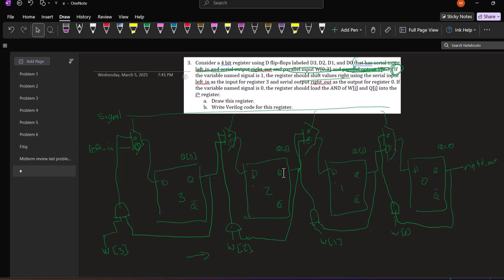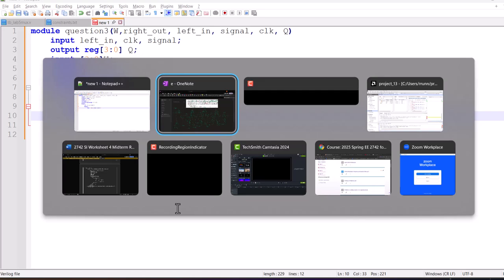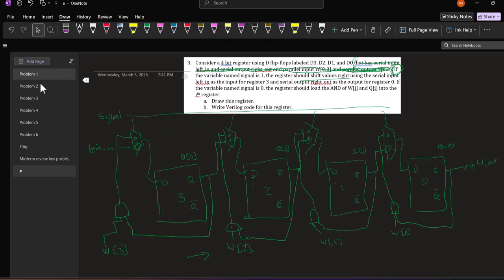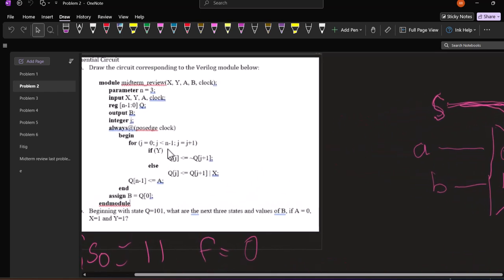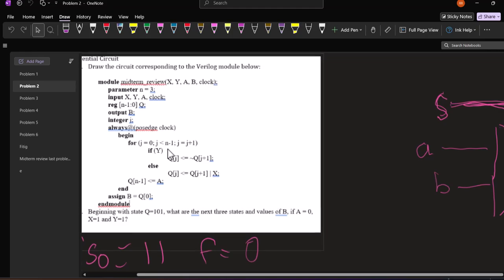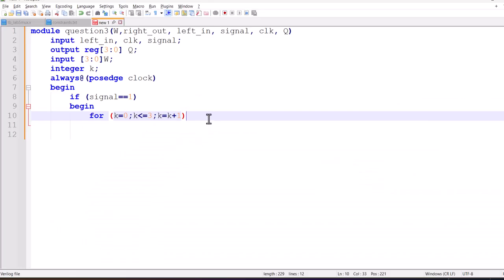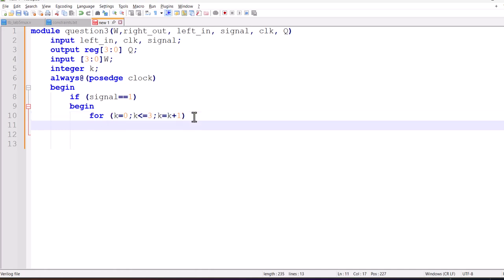So I want to do a for loop that goes from 0 up to 2, and then I have to do something different to get my input for 3. Trying to remember if it's semicolons or commas. It's semicolons.